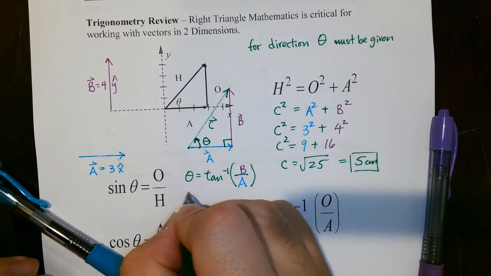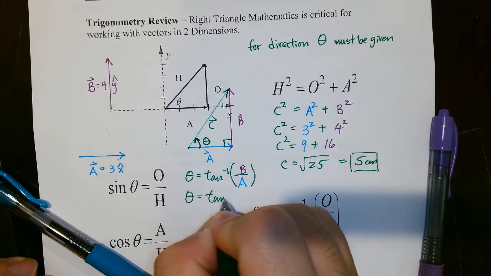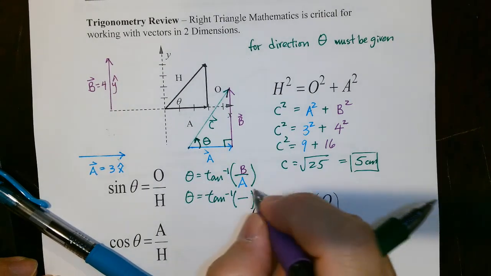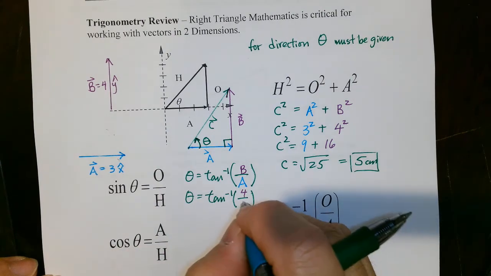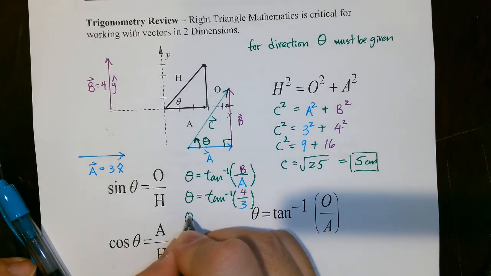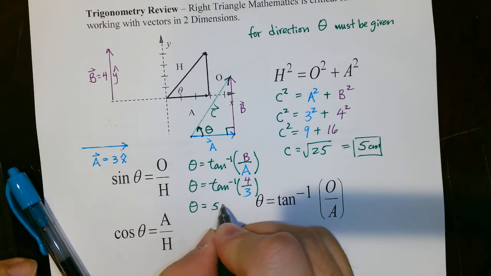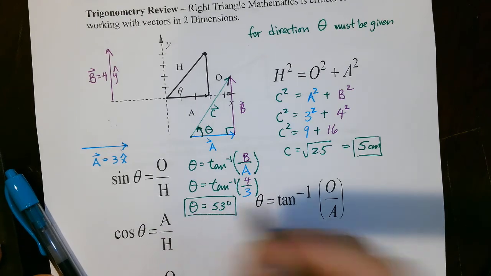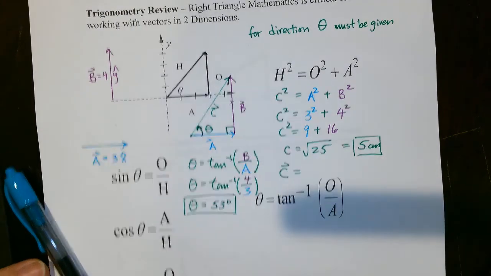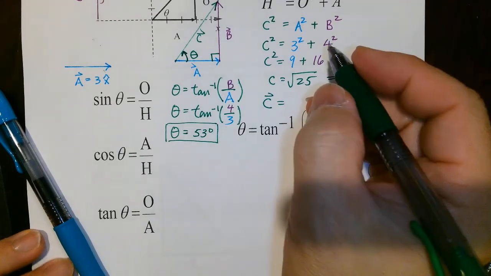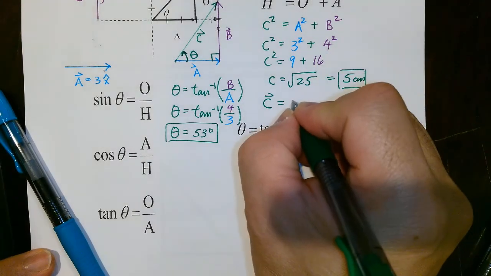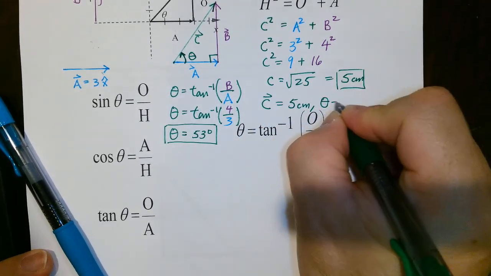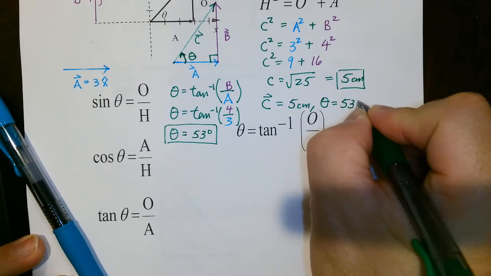So my theta is equal to tan inverse of b, which is 4, over a, which is 3, and that comes out to approximately 53 degrees. So how do I write my resultant vector now? It is written as 5 centimeters, comma, theta is equal to 53 degrees.